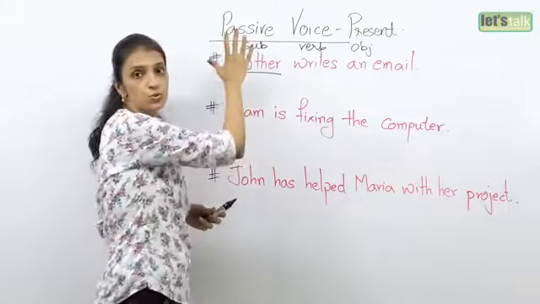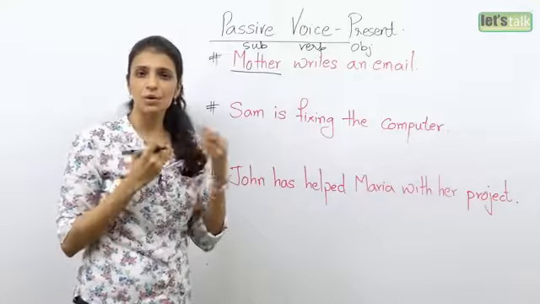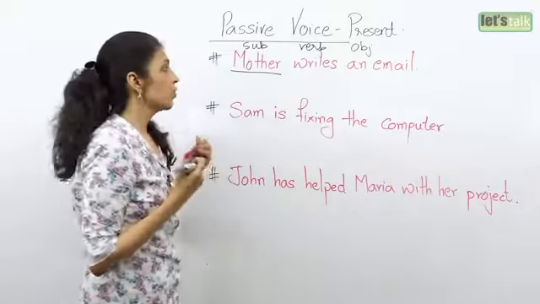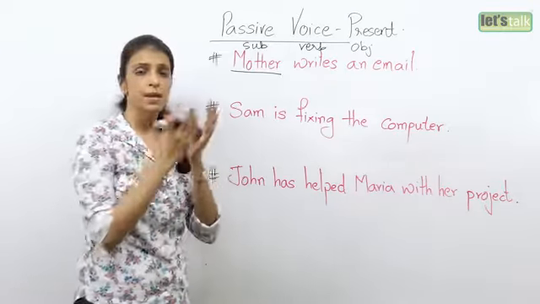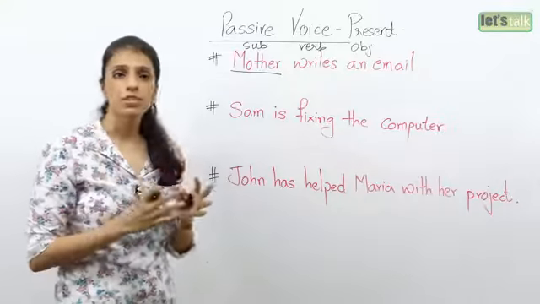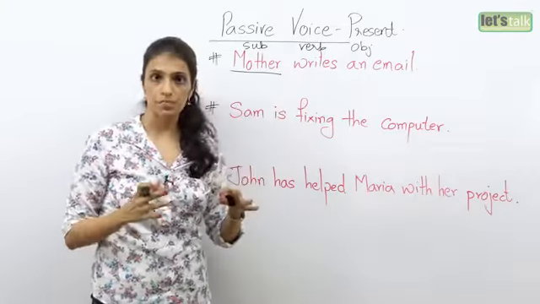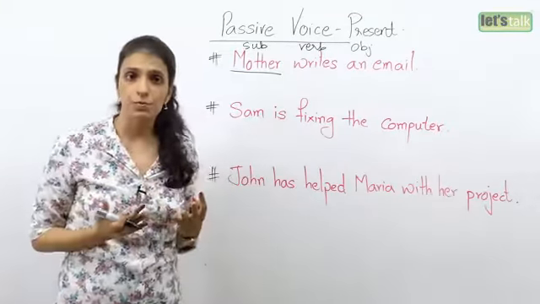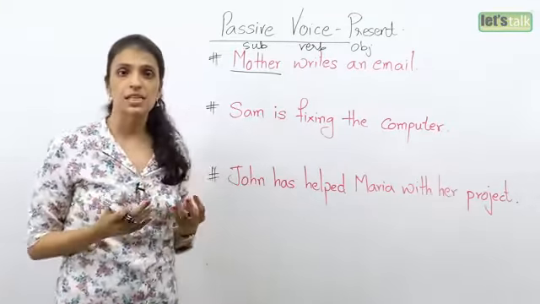But if I want to make this into a passive voice, I have to make some alteration, right? So what is a passive voice? In a passive sentence, we focus or we give importance to the object. But how do we make a passive voice? There are certain things that you need to follow, and when you do it, you'll have it correct.